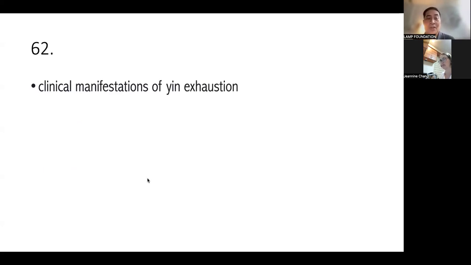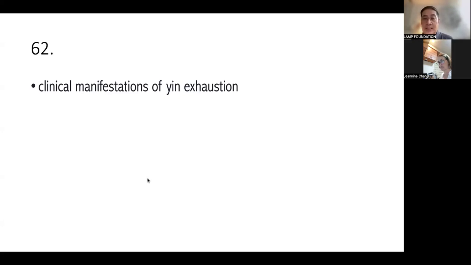Number 62. What are the clinical manifestations of yin exhaustion? You start with the tongue and pulse, please. Dry lips and tongue, deficient and rapid pulse, very good. And what are the other symptoms and signs?